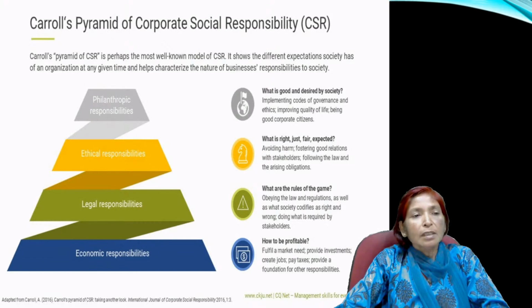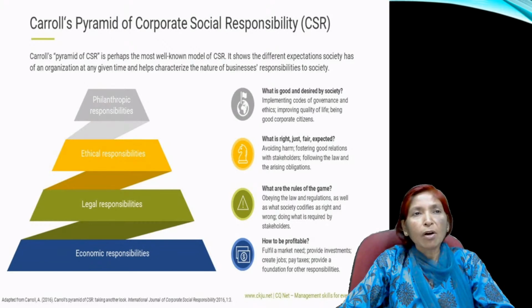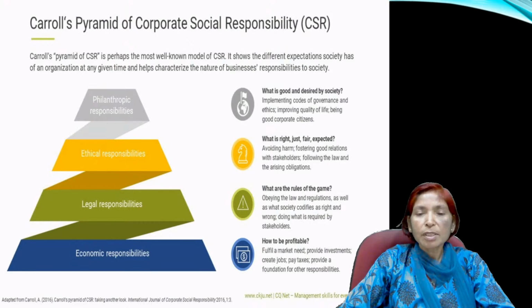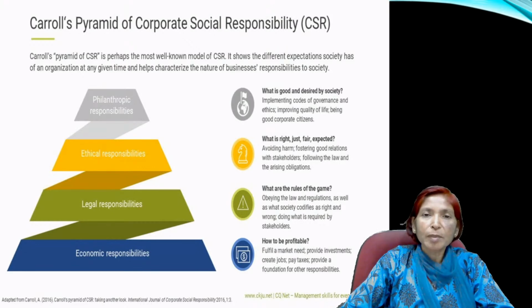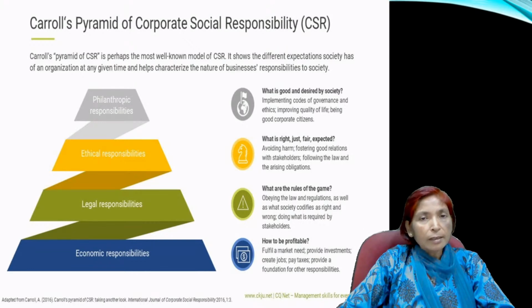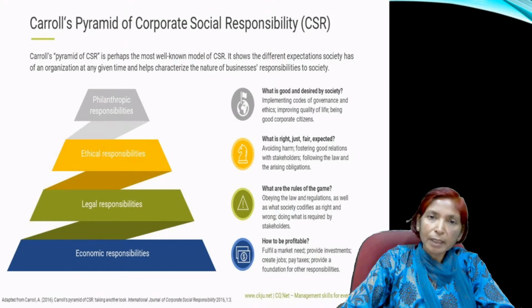So this is Carroll's pyramid of corporate social responsibility, in which four responsibilities are included: economic responsibility, legal responsibility, ethical responsibility, and philanthropic responsibility.